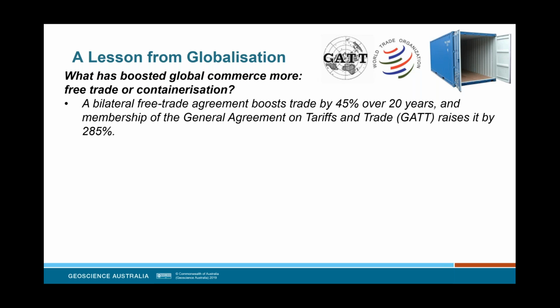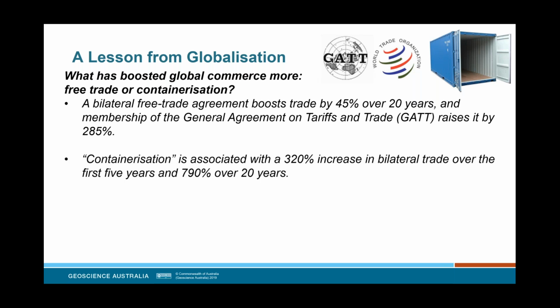When countries all got together and formed the General Agreement on Tariffs and Trade, that produced an even greater boost, which is good. That was collaboration, and these free trade agreements and policy decisions enabled it.